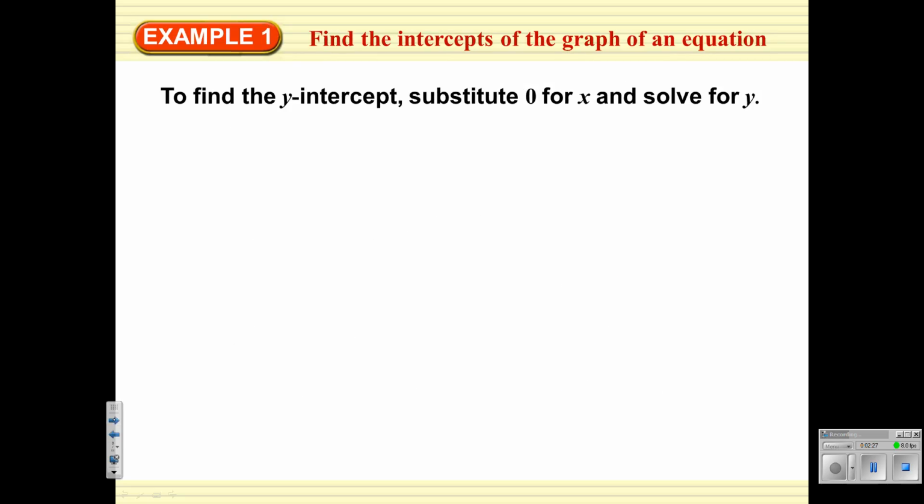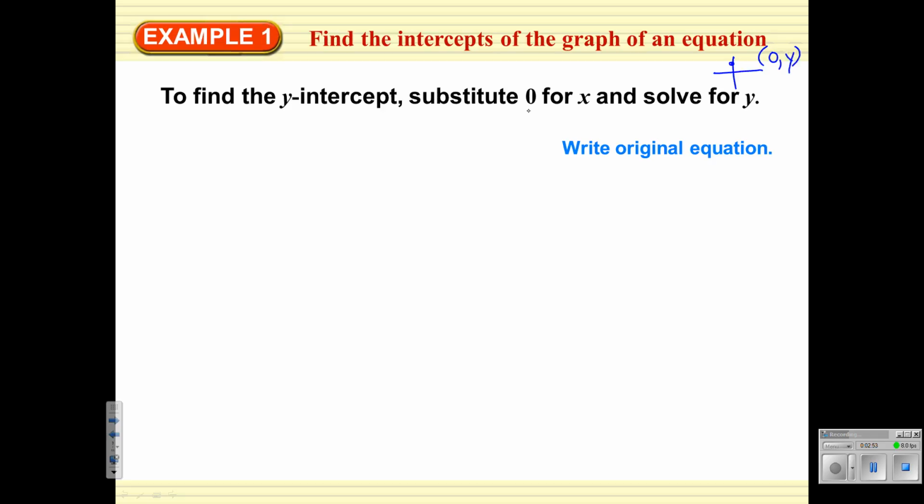Now to find the y-intercept, we do just the opposite. We are going to put in a 0 for x, for the same reason. If we have a point on the y-axis, that means our x value is 0, and then we have a y value. So it would have an x value of 0 and then whatever y was.